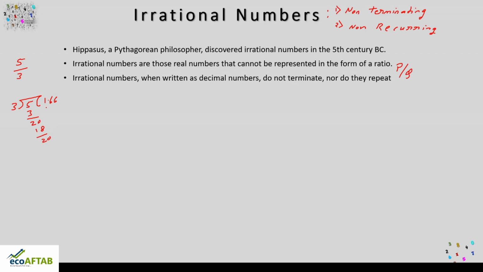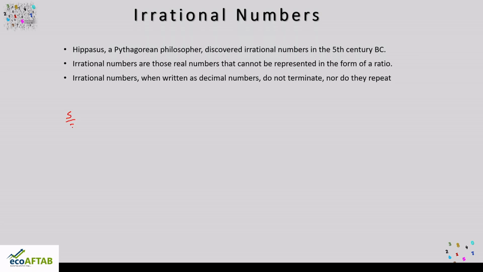So this is called a recurring number. One more example is 2 divided by 5. 2 2s are 4. 5 minus 4 is 1, then 10. So 2 5s are 10. So what has happened? This has terminated.